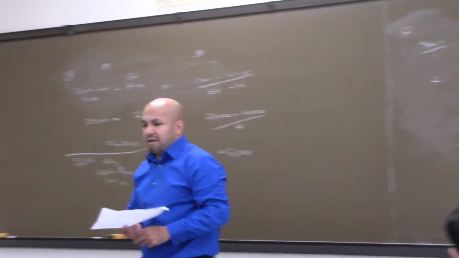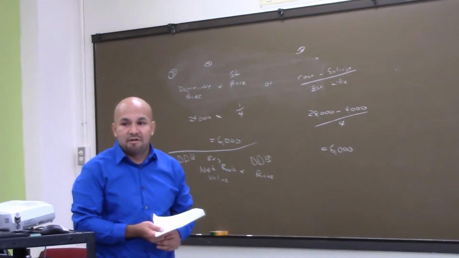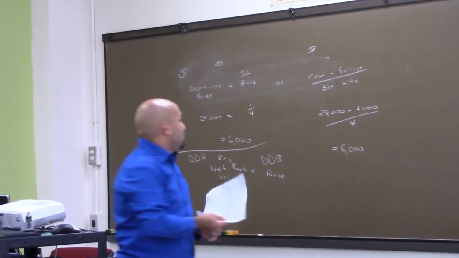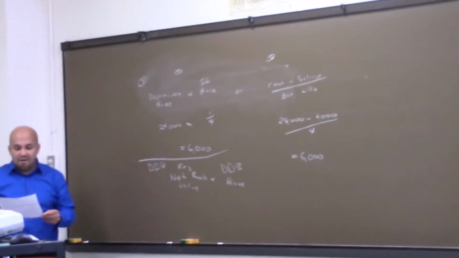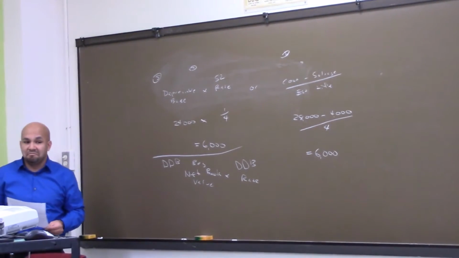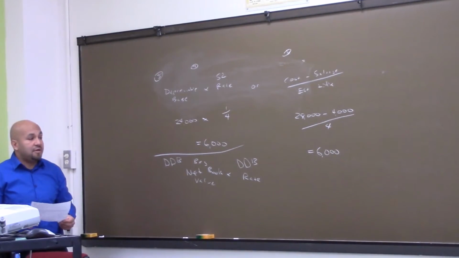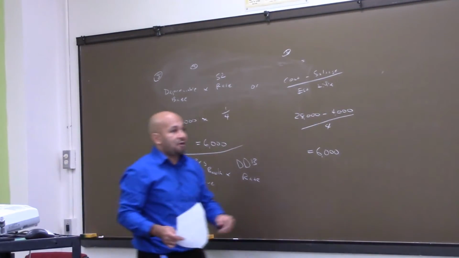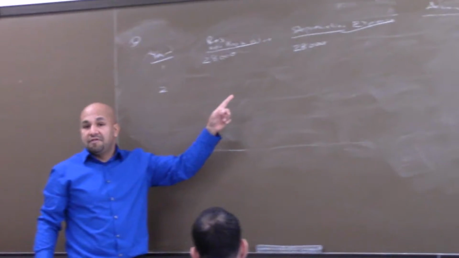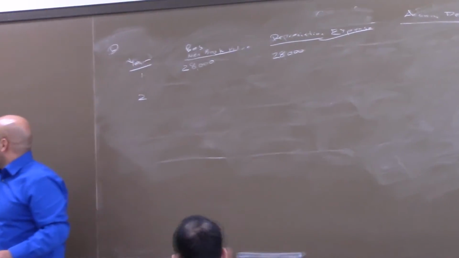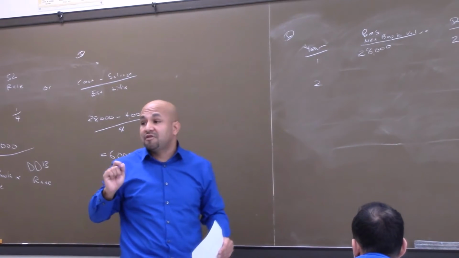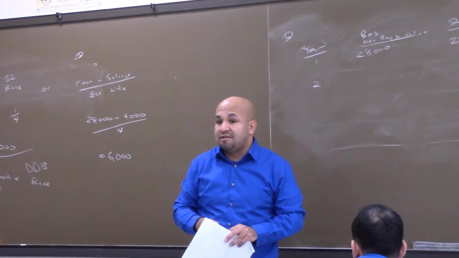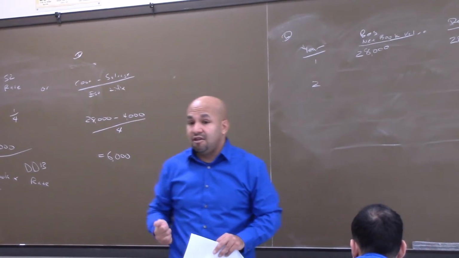The double declining balance rate is double the straight line rate. So the straight line rate is 1 over 4. So 1 over 4, I got 25%, a quarter, right? So what would be double that for this problem? 50%, right? So if the straight line rate for this problem is 25%, I'm taking 25% of the depreciable base as a depreciation expense each year.